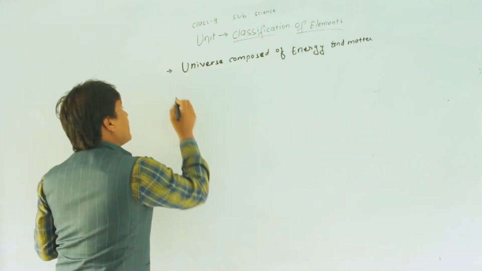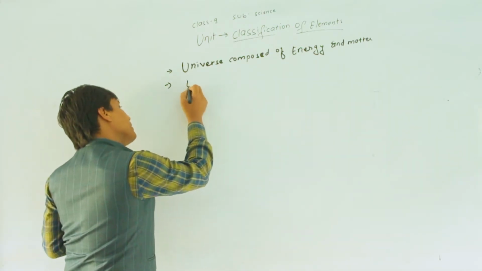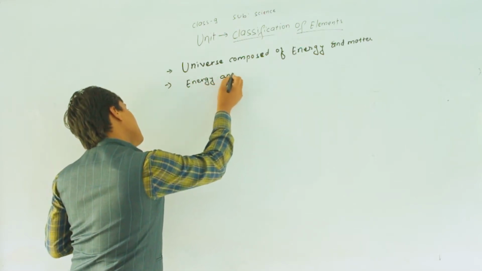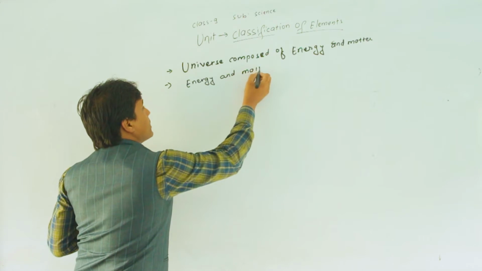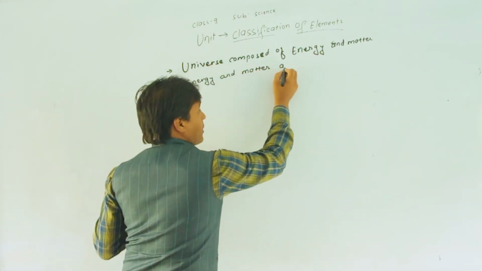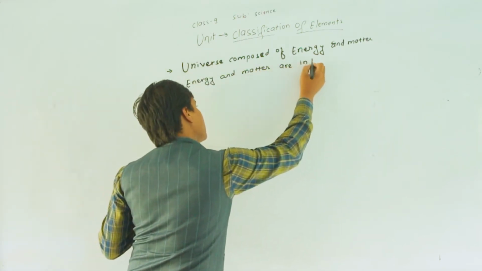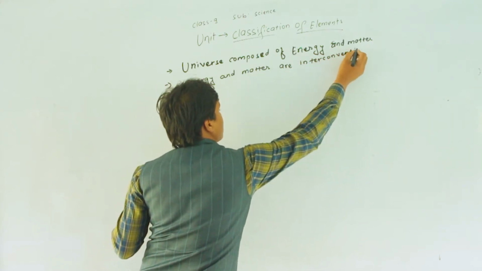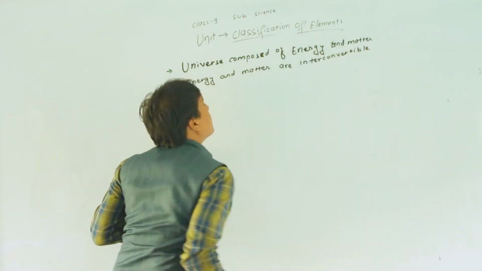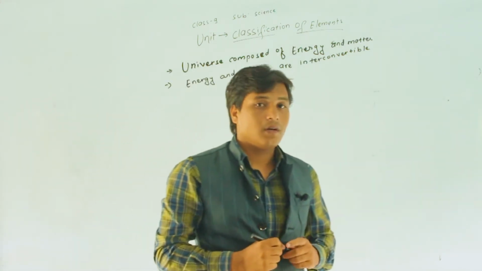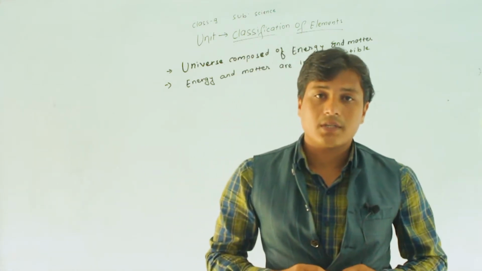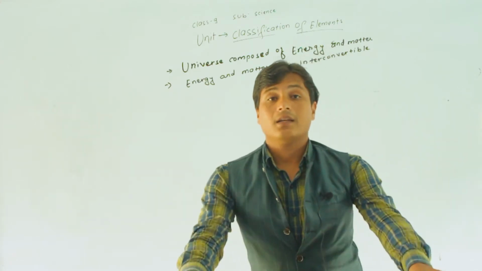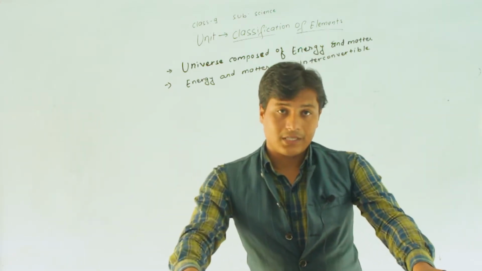And the second point is that energy and matter are interconvertible. So there are two components of the universe, one energy, the other matter, and both are interconvertible to each other.